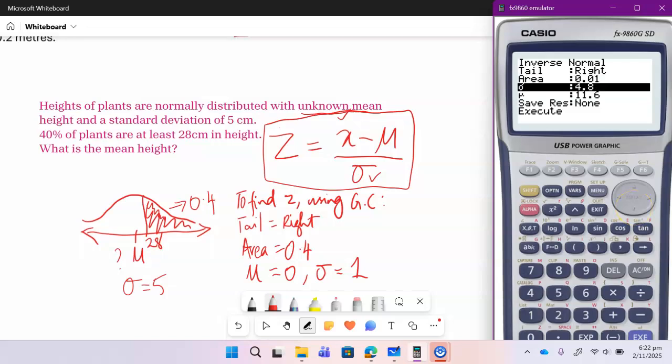If you're thinking why, it might be best if you just ask your teacher, because I can't cover that right now. It just relies on the basic understanding. Sorry, I forgot to change the tail area. Though you're getting a value of x, it's actually z, so write it down as 0.2533.